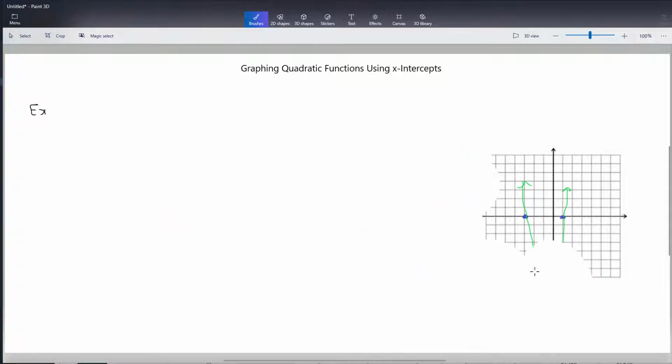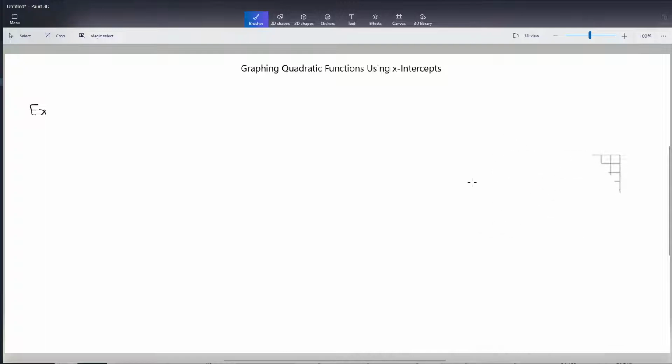Okay, and I want to look at a slightly different example, one that's not already factored for us.